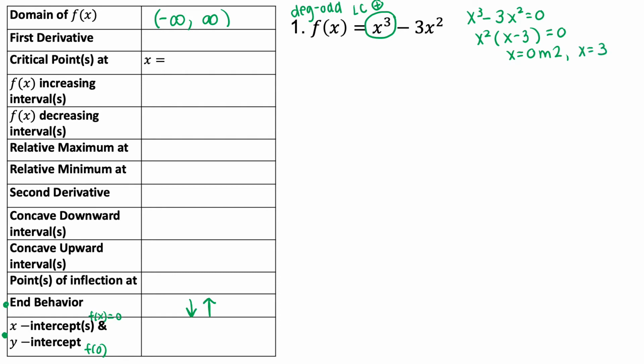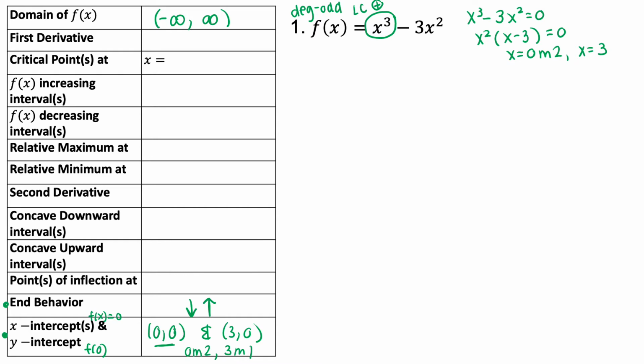So we get our intercepts at the points (0, 0) and (3, 0), and we don't have to plug in a 0 because that point (0, 0) is going to be our y-intercept as well. I'm just going to make a note in my chart here that it was 0, multiplicity of 2, and 3, multiplicity of 1, because I know that changes the behavior on the graph.